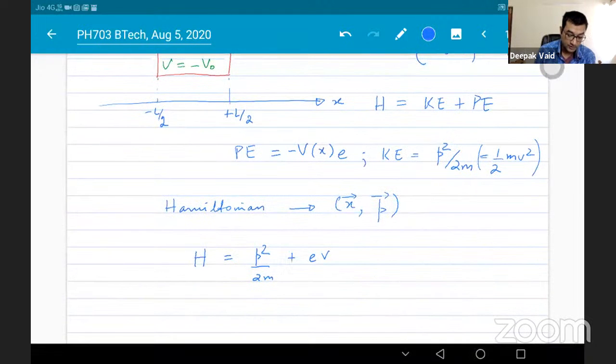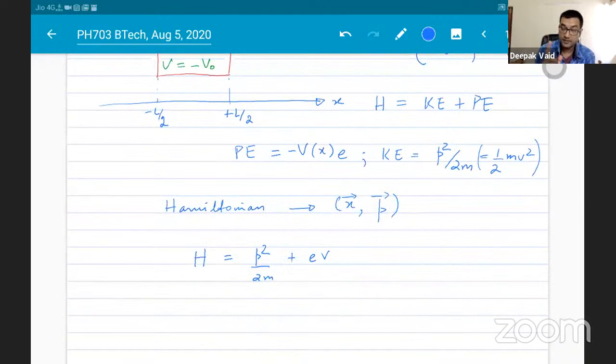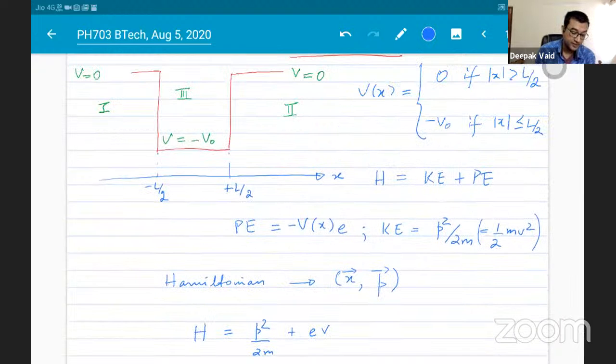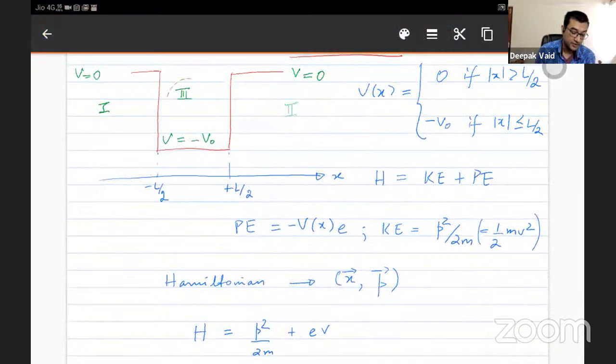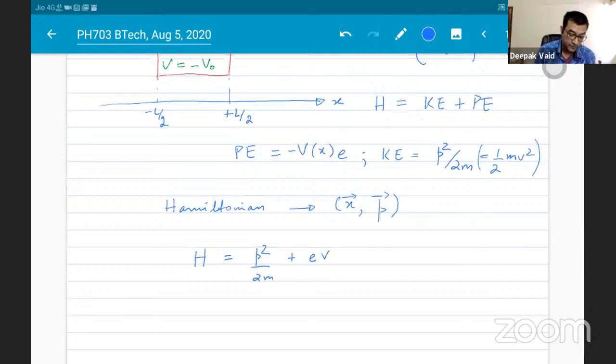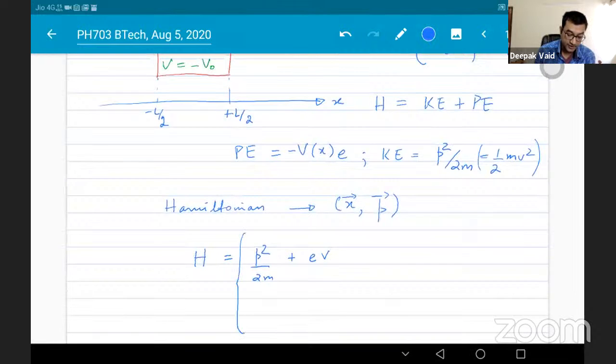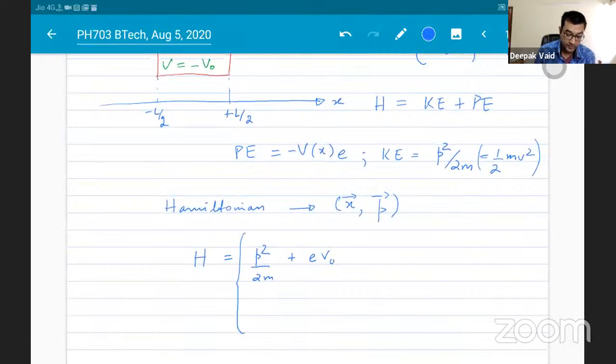So for the Hamiltonian, there are two different regions, right? 1, 2, and 3. In region 3, the Hamiltonian becomes this. This is the Hamiltonian when the particle is inside the box, and for the region outside the box, the Hamiltonian is just this.